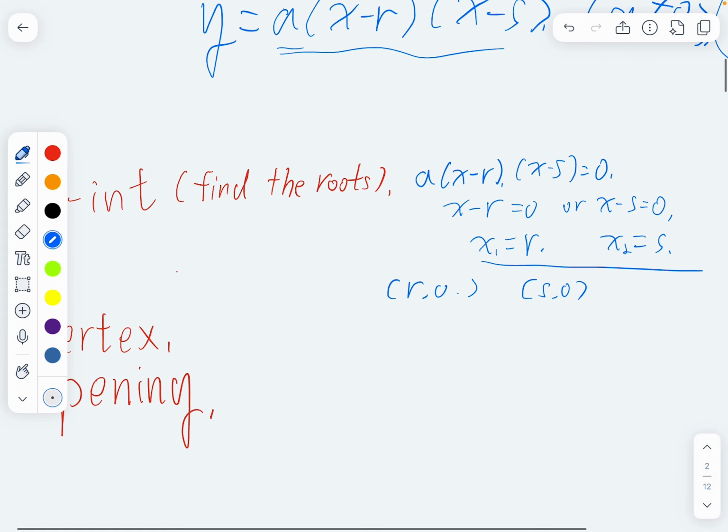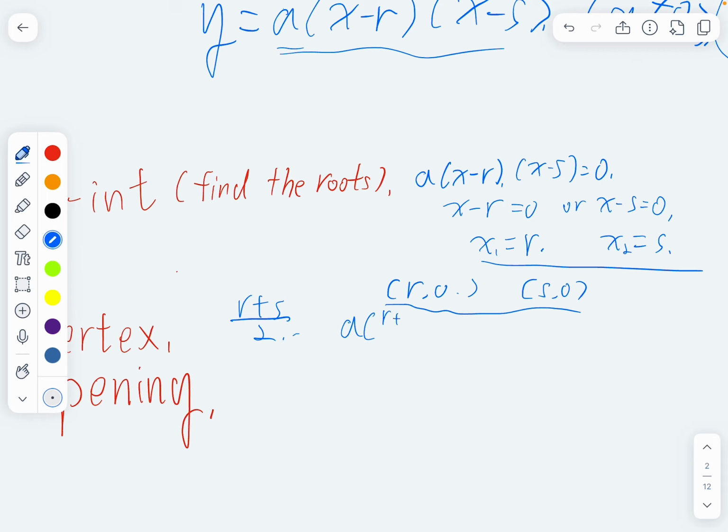In this case we already have the two roots, so we just add them together and divide by 2. Then we plug this x value into the formula: a times (x minus r) times (x minus s), with x equal to (r plus s) over 2.